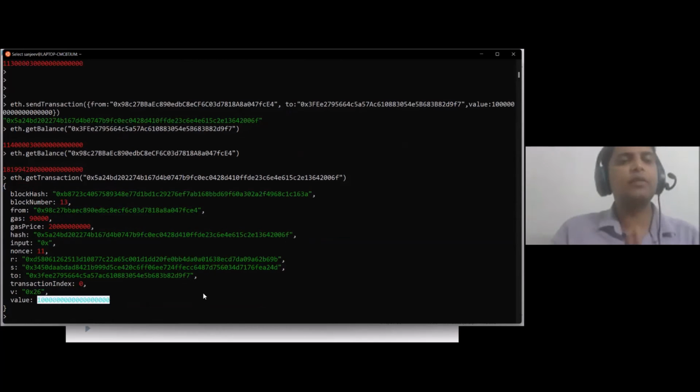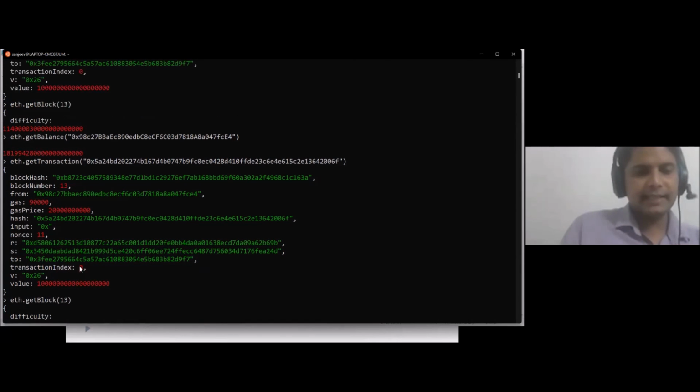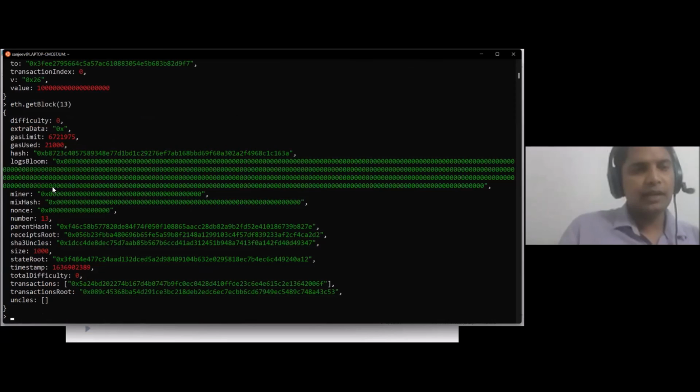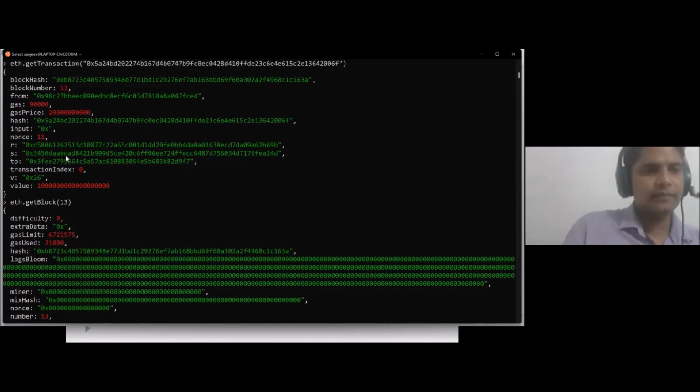This is how a typical blockchain transaction looks. If I show you block number 13, it has one transaction, which is 5824. That is the transaction I made using this.